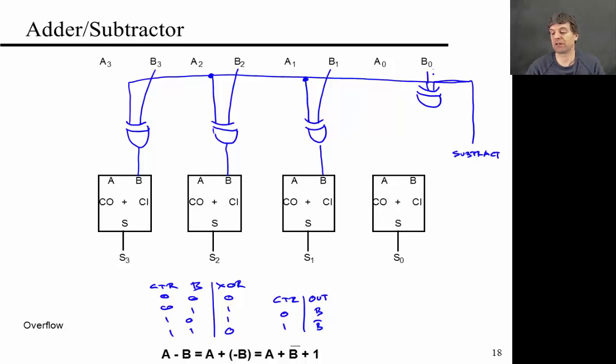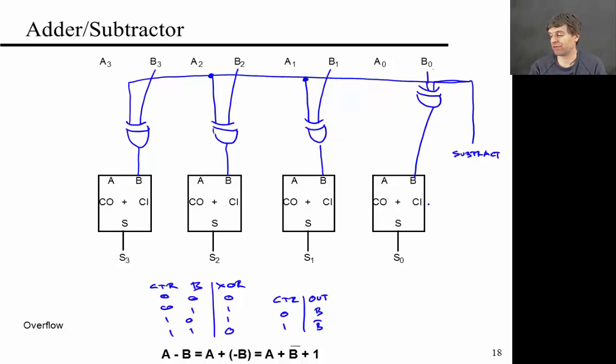So if subtract is true, then I'm basically flipping all the bits. Now I have to do one other thing, which is add a 1, right? I have to flip all the bits and add 1 to represent minus b.